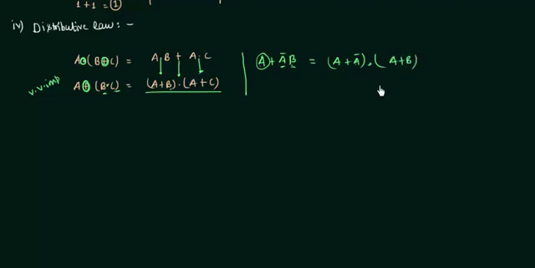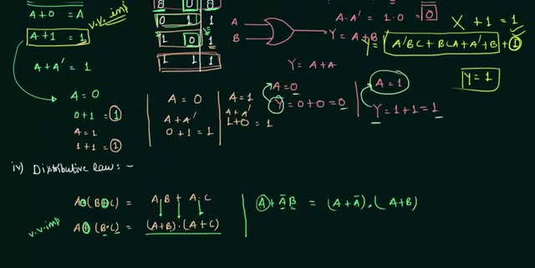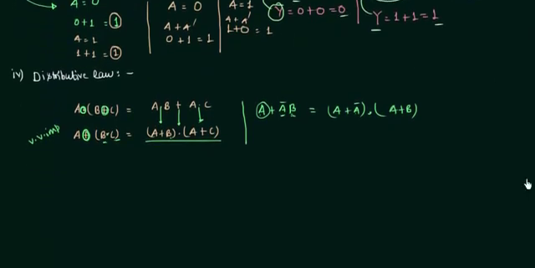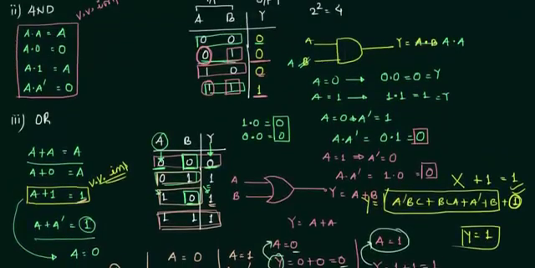And you very well know from the OR operation, A or A complement is equal to 1. So we have 1 and (A or B).